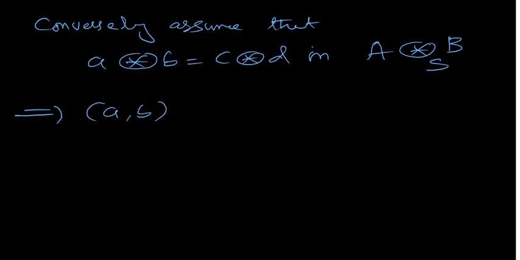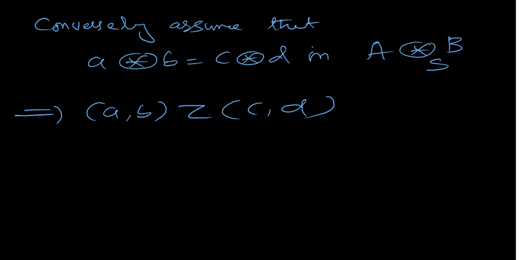(A, B) is tau related to (C, D), but this relation tau is the equivalence relation generated by the relation T. You have already done in chapter 1, unit 1, that whenever we have an equivalence relation R^E generated by the relation R, and any two elements are R^E related, then we have a set of transitions from the first element to the last element.